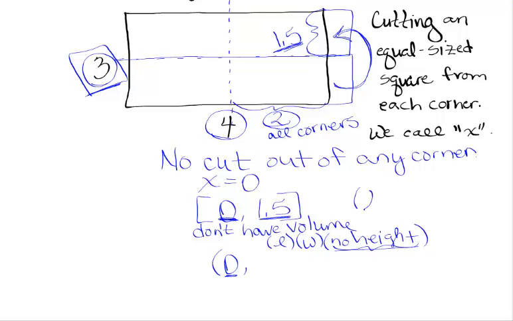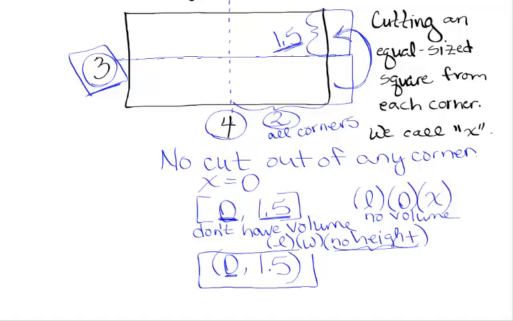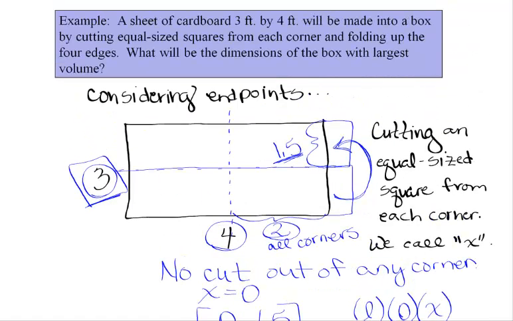Now I'm dealing with length times no width times my height. So again, if I include 1.5 as the largest value x can be, I don't have volume. And in the context of this problem, my x values are going to be required to give me volume. I need 3 dimensions. So to me, I have an open interval here. I don't have endpoints to consider as far as I'm concerned in this problem.